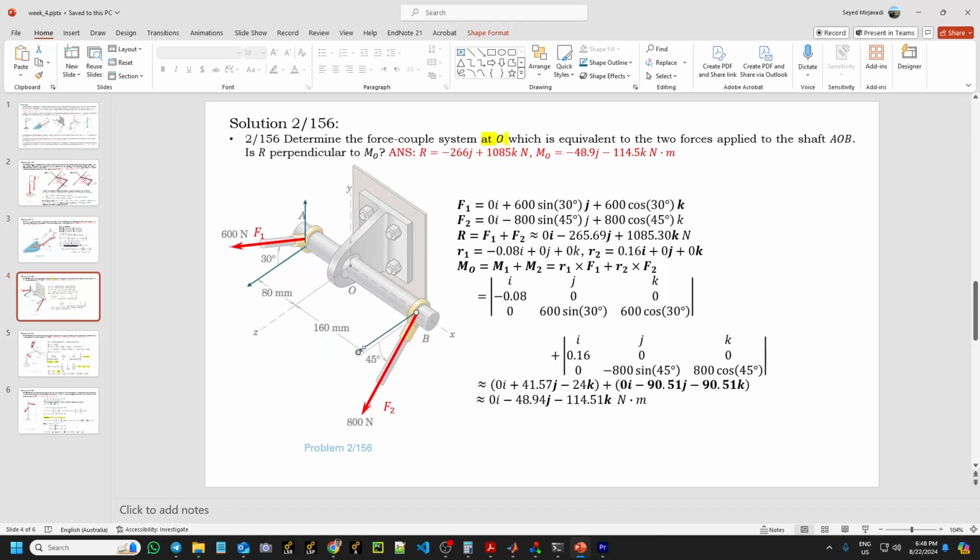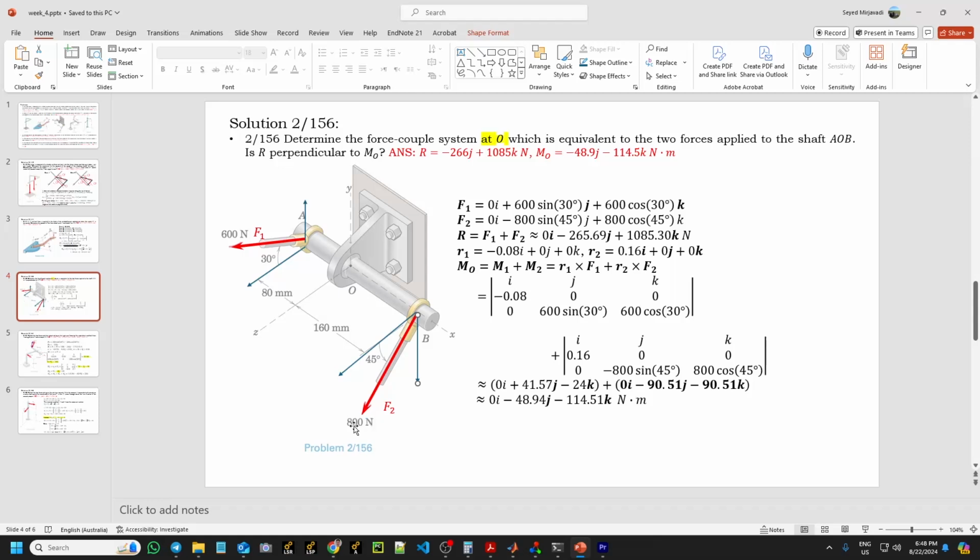Look at here. When you see this angle, it will be 800 cosine 45. It will be this component, and the other one will be 800 sine 45. This one is in the y axis, so it is negative because it is directing in the negative y.